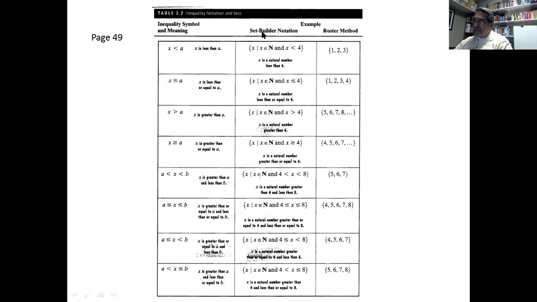If you want to write it as set builder notation, you write the set of x such that x belongs to natural numbers and x is less than 4. Therefore, it can only be 1, 2, and 3. But if it's less than or equal to 4, then you write the set of x such that x belongs to natural numbers and is less than or equal to 4, then it includes the number 4. All right?